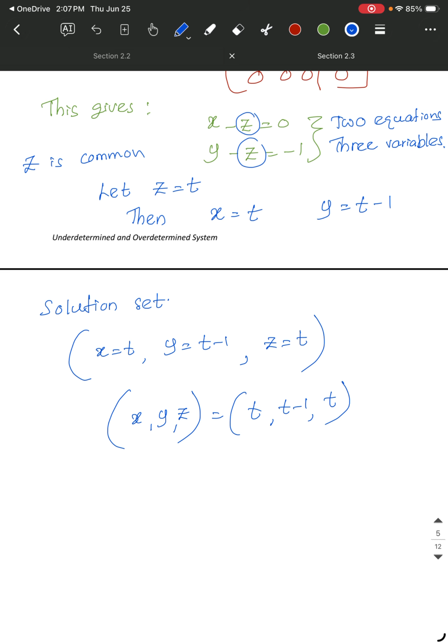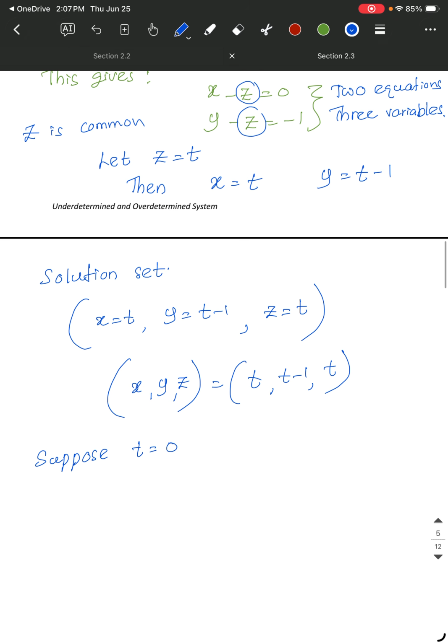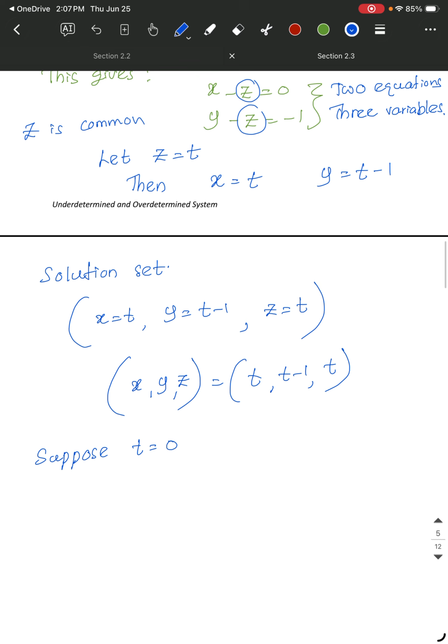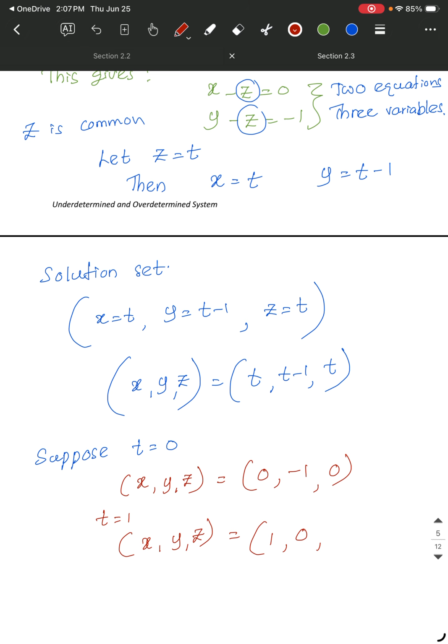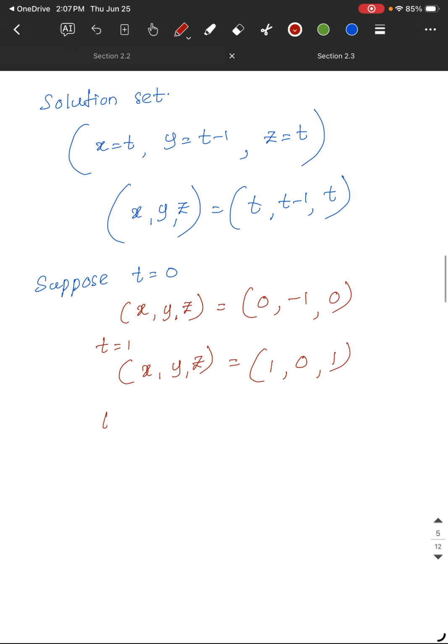Suppose t equals 0. What happened? When t equals 0, we get the solution set (x, y, z) equals (0, minus 1, 0). When t equals 1, (x, y, z) equals (1, 0, 1). When t equals 5, (x, y, z) equals (5, 4, 5).